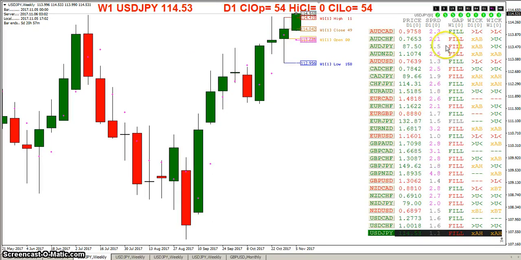Here I've got the dashboard that is showing me that all the gaps filled. It's also telling me where price is in relation to the wick zone. You can see here it's crossed above the high, so it's above the previous week's candle's wick zone, which would be between the high and the close, that upper wick zone.